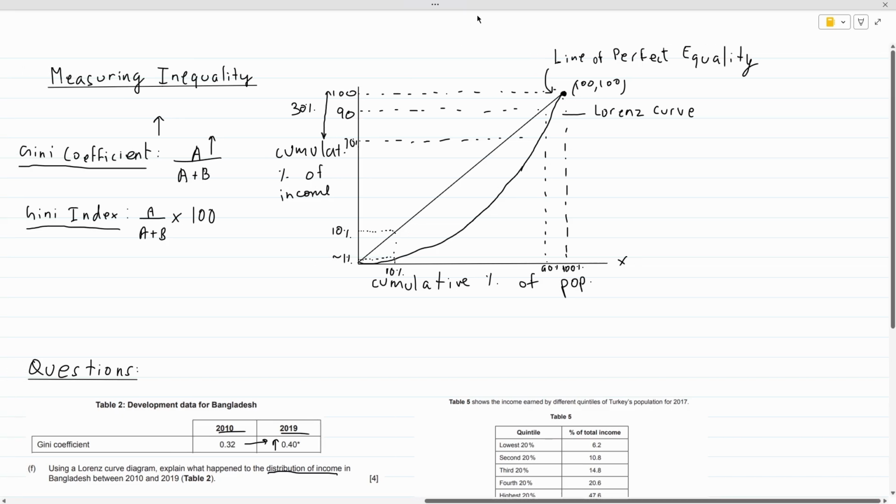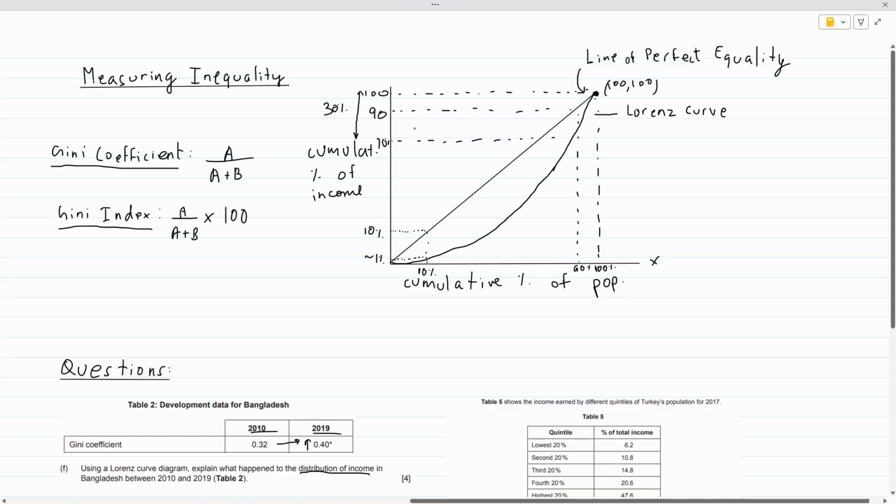Now, the way that we can condense the information of a Lorenz curve is using the Gini coefficient. So, if we take the area between the Lorenz curve and the line of perfect equality, and this is why the line of perfect equality is important or relevant in a real world context, since it's used in this calculation.